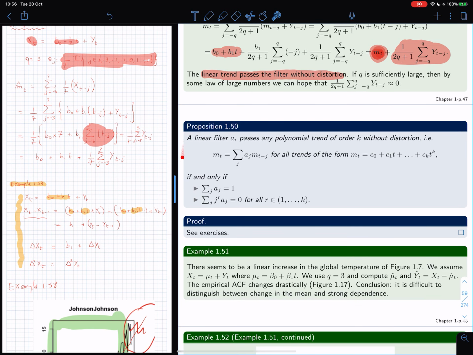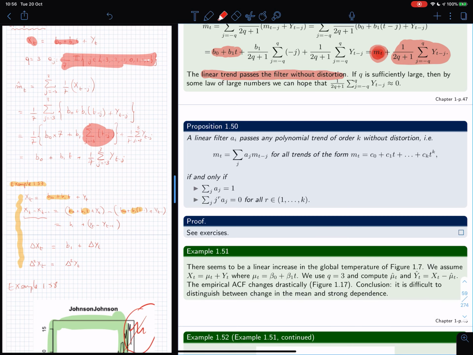So there are a few general results that you can find here. For example, you will prove in the exercises that any polynomial trend of order k will pass through a filter a_j if and only if the sum of the weights of this filter is 1, and the linear combinations of powers of j are all 0.